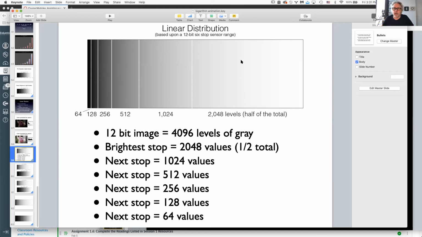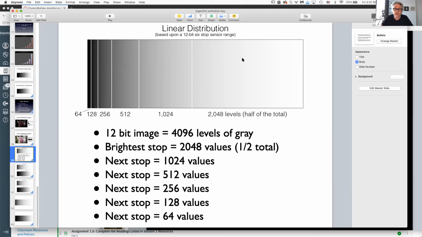And as a consequence, when we put a logarithmic scale on this, what you see happens is this. The top one stop of your image, the brightest one stop, contains half of the data of your file. A full 50% of the data of your file is in the top brightest stop.